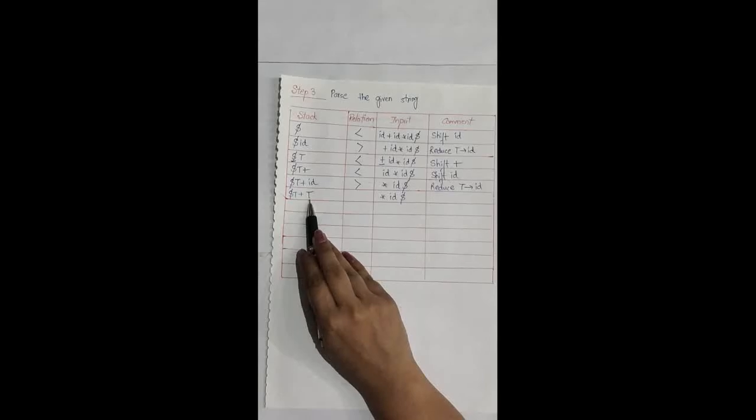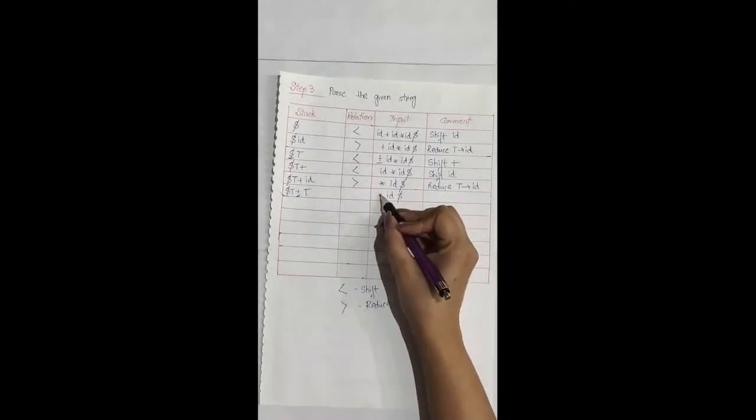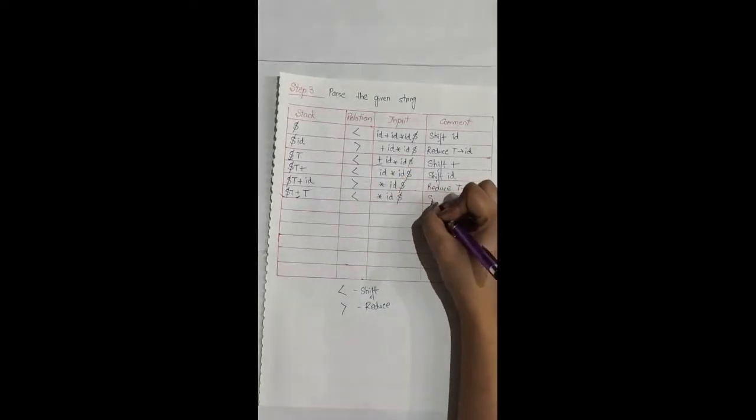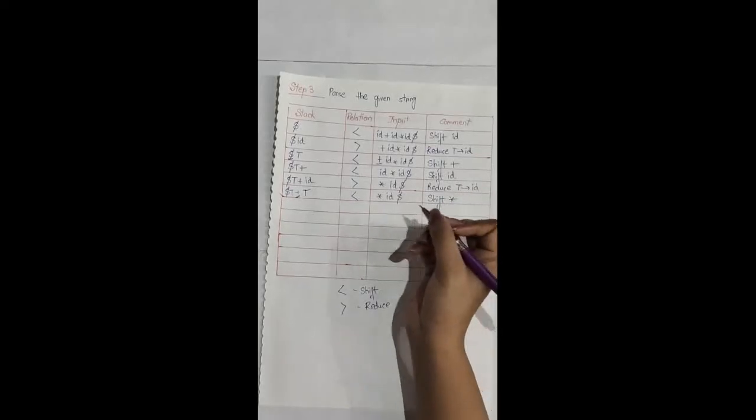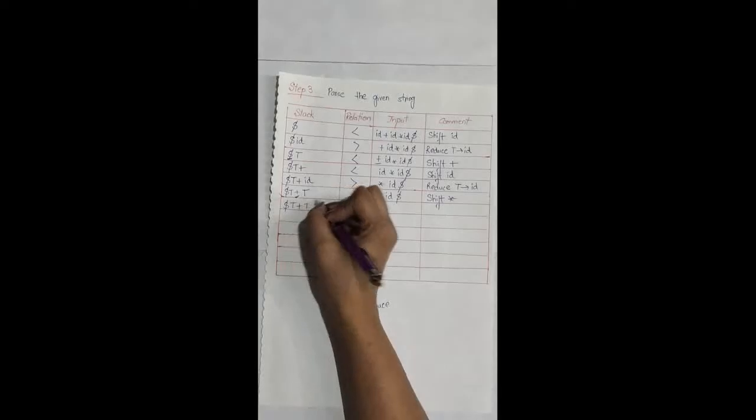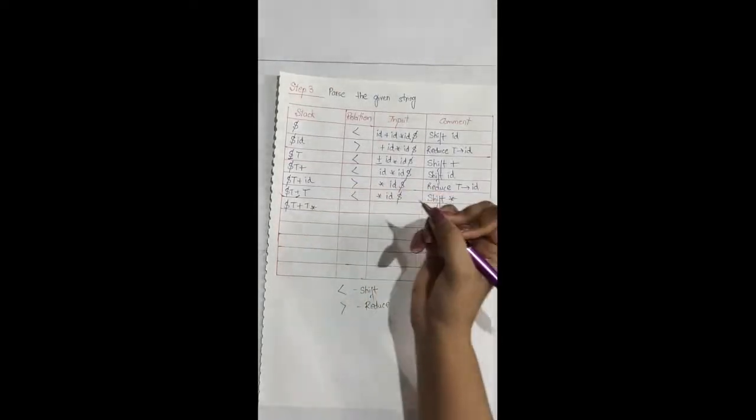Clear? Now compare T. We cannot compare, but we have this plus. So compare plus and asterisk. Higher priority, obviously asterisk. So shift action. Shift asterisk. Now in the stack we have T plus T and asterisk.